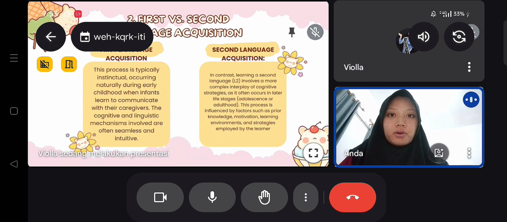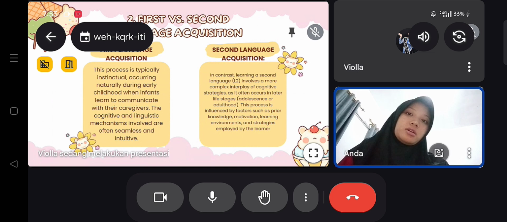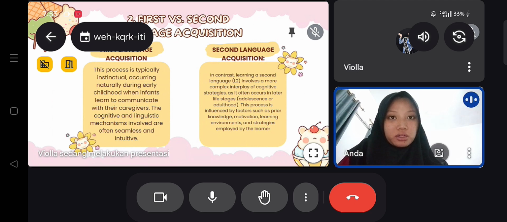And the second language acquisition. In contrast, learning a second language, L2, involves a more complex interplay of cognitive strategies, as it often occurs in later stages, like adolescence or adulthood. This process is influenced by factors such as prior knowledge, motivation, learning environment, and strategies employed by the learner.